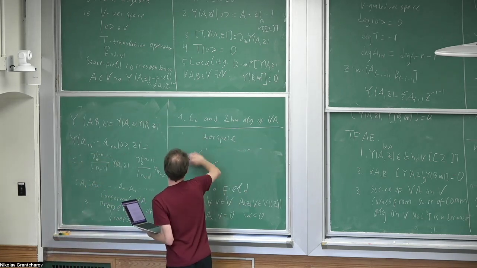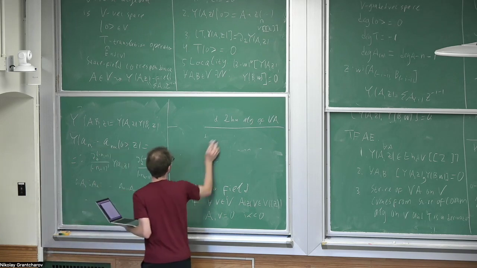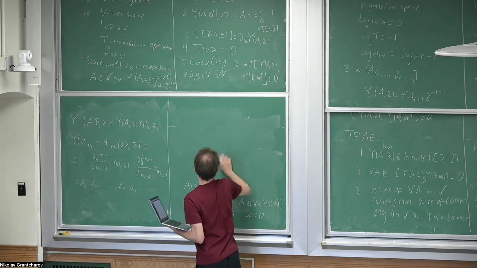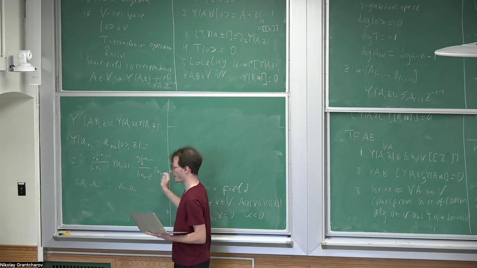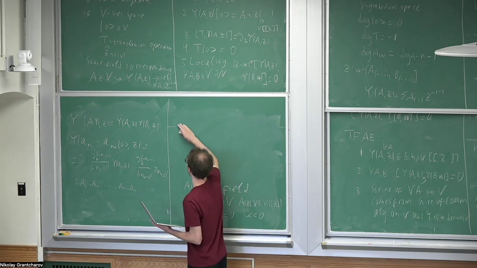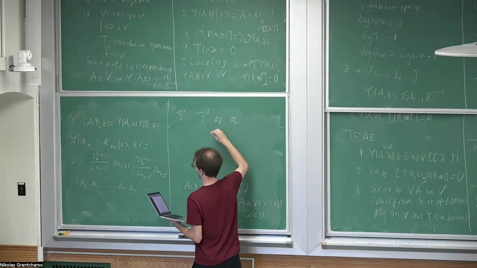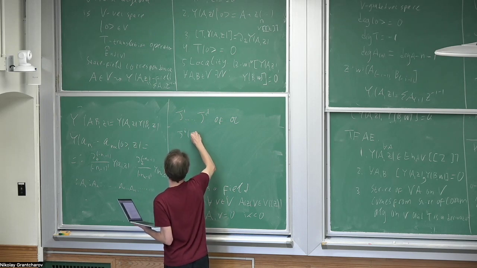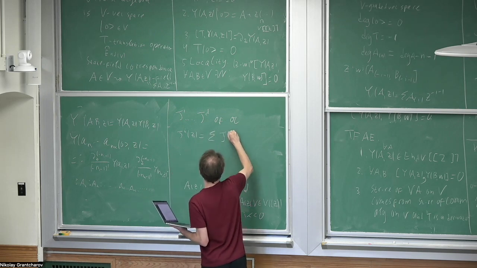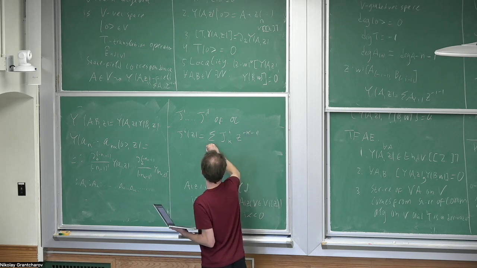I should rewrite it in even nicer terms. In order not to carry this y everywhere, we can choose bases, say 1 through t, and define the corresponding fields: J_i(z) is the sum over a of J_i,a z to the minus a minus 1.